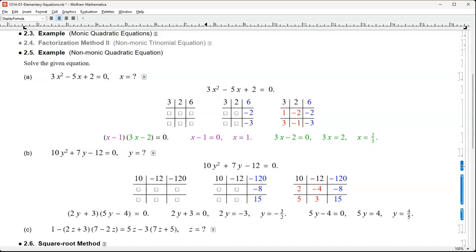As a matter of fact, this entire technique on non-monic quadratic equations is very confusing to a lot of people, because there are so many different ways to get the same answer, and many people do not understand that they do not have to learn all those different methods. All you need is just one method that works for you.